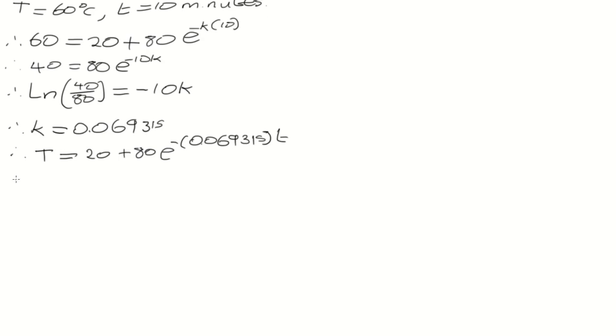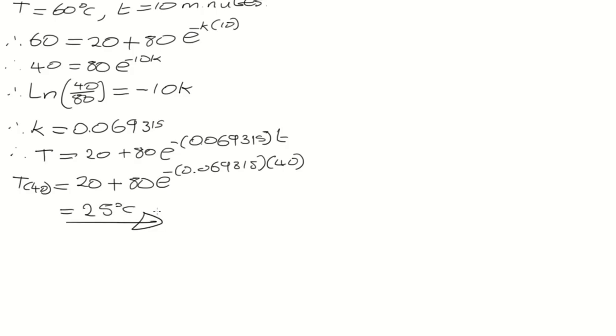So therefore it will be 20 plus 80 e raised to minus 0.069315, then times the 40 there. Then what do we get? You get 24.999, etc., which is simply just, I would say, approximately 25 degrees Celsius. Okay, so this is the application that we have.